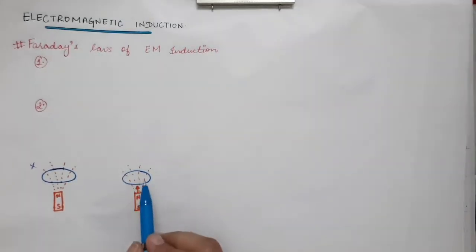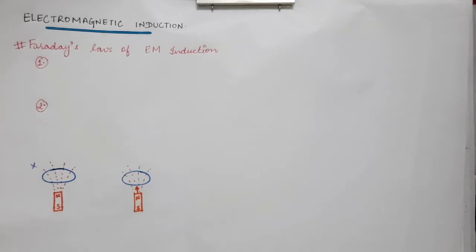This phenomenon of production of induced current or generation of induced EMF was first observed by Faraday, and he gave two statements which are termed as Faraday's laws of electromagnetic induction. Now let's see what magnetic flux is.